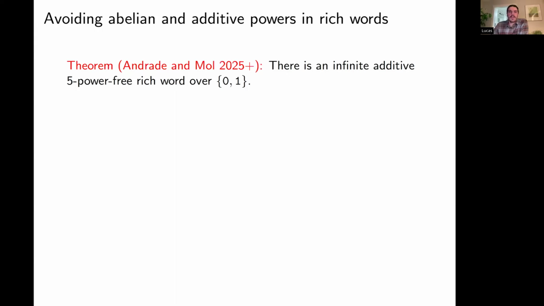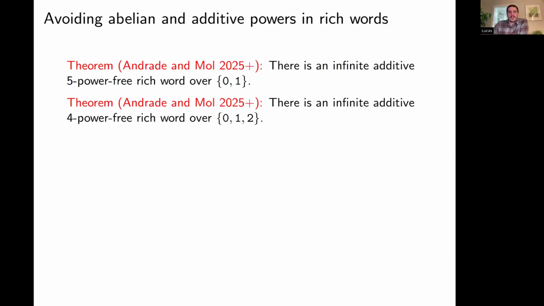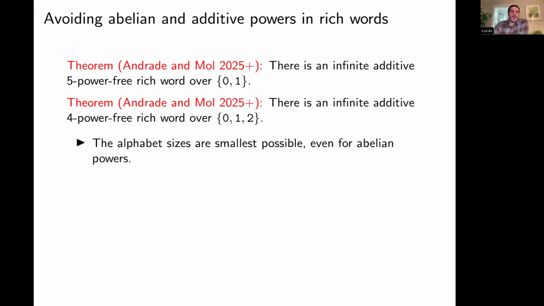So there's an infinite rich word over 0, 1 that has no additive 5 powers. And we also showed that there is an infinite rich word over 0, 1, 2 that has no additive 4 powers. And these alphabet sizes are the smallest possible, even for abelian powers.